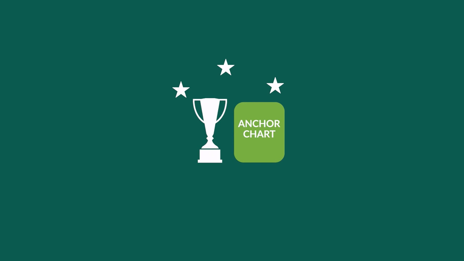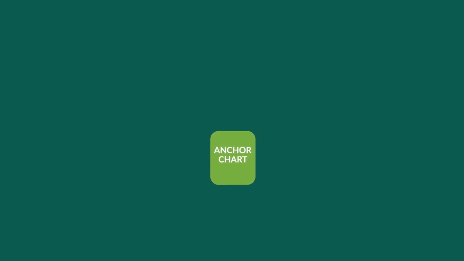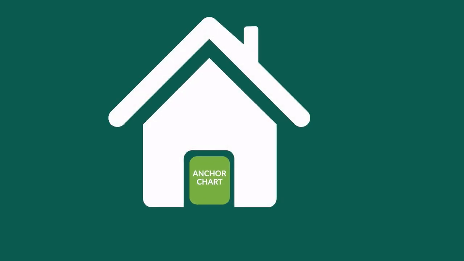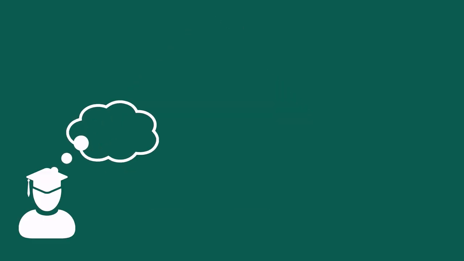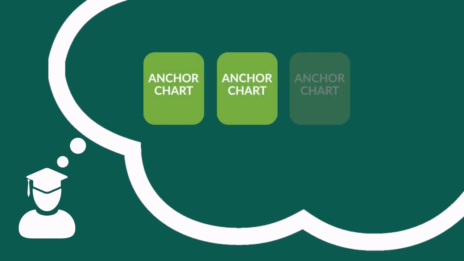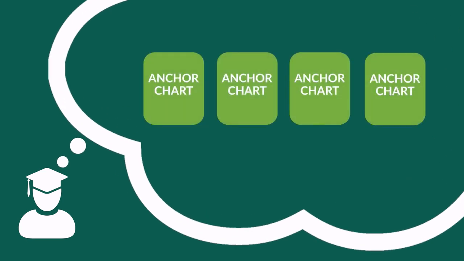You may even want to allow some time for students to revise their own personal anchor charts that they can keep with them and take home. This process encourages students to reflect on the information at least 4 times: personally, with a group, when they vote for the class winner, and then again when they vote on the overall winner.